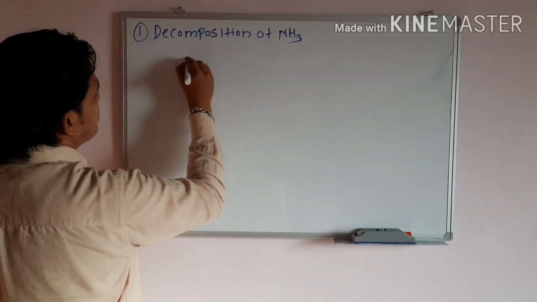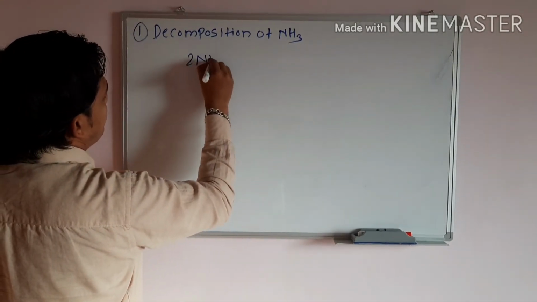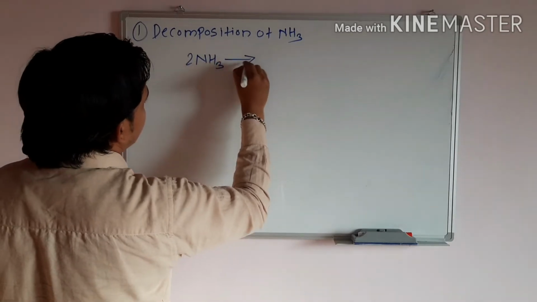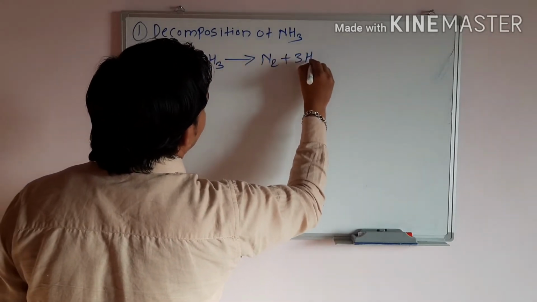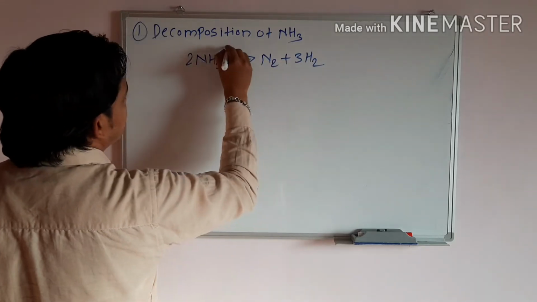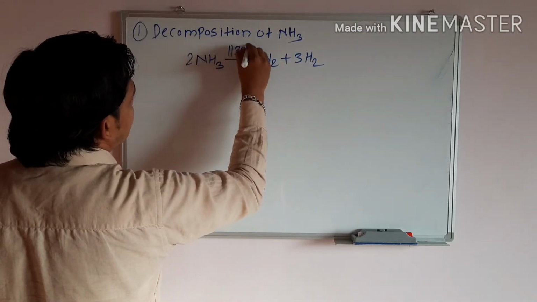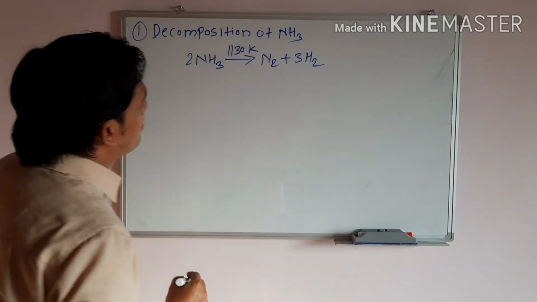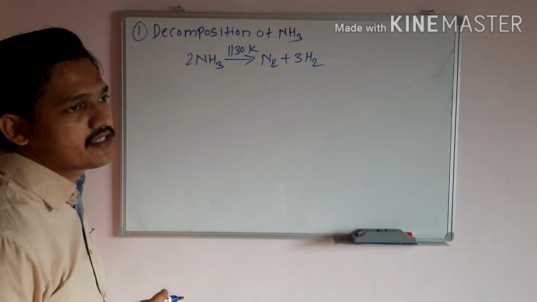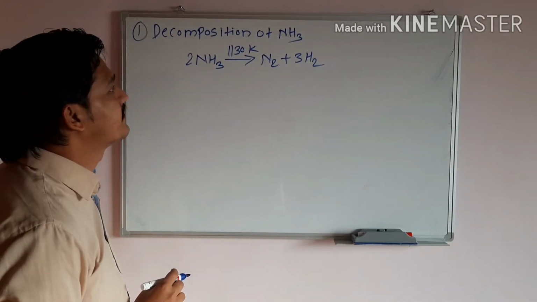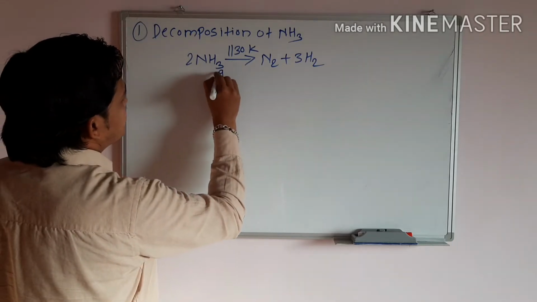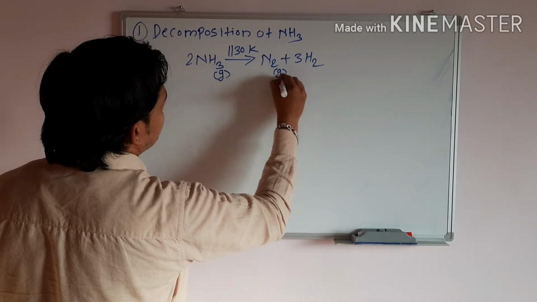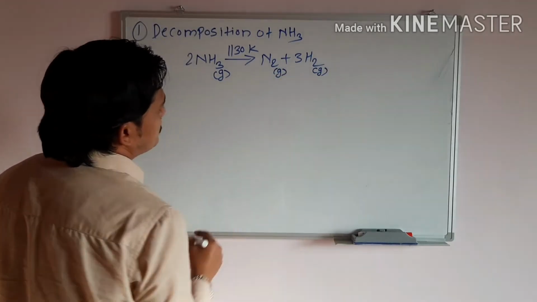So decomposition gives the reverse reaction: 2NH3 gives N2 plus 3H2. This reaction takes place at 1130 Kelvin temperature. The phase is gaseous: nitrogen is gaseous, hydrogen is gaseous.